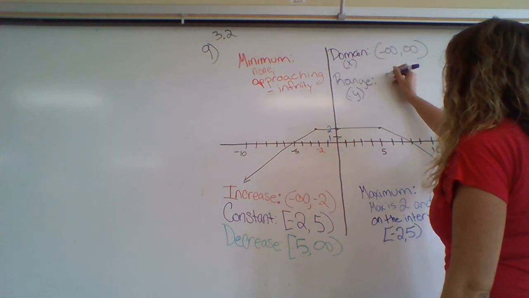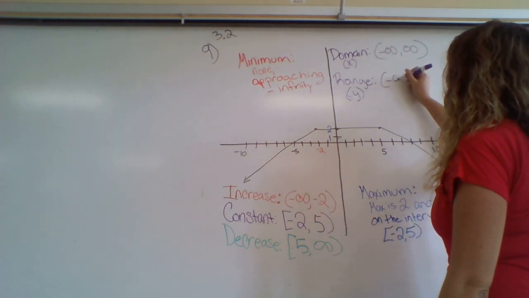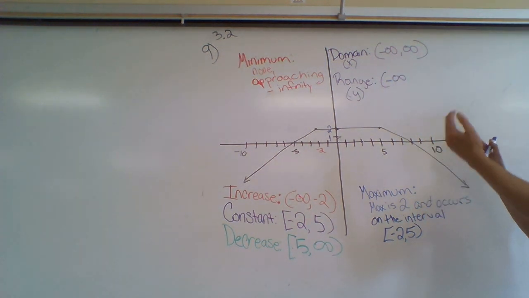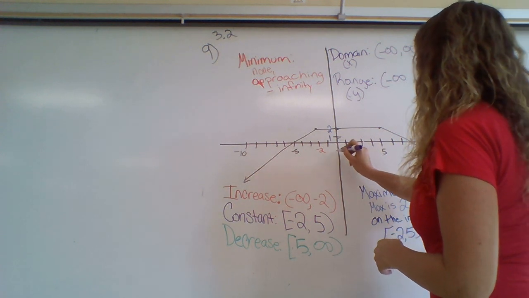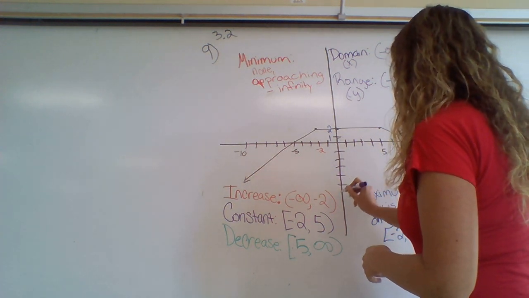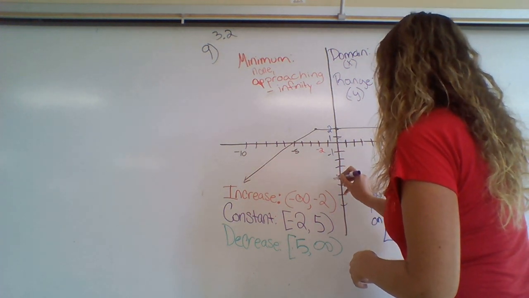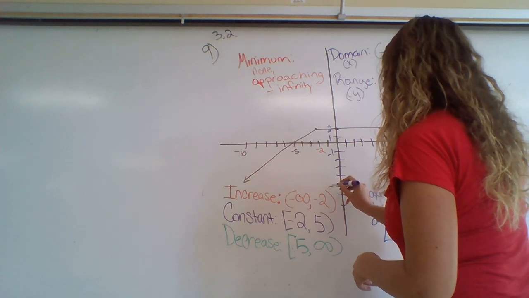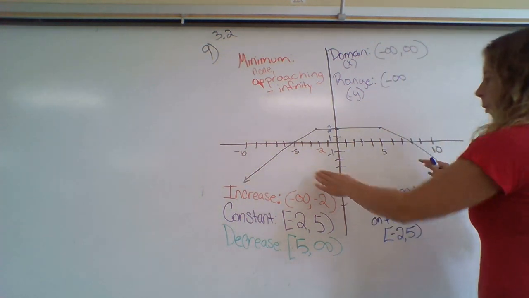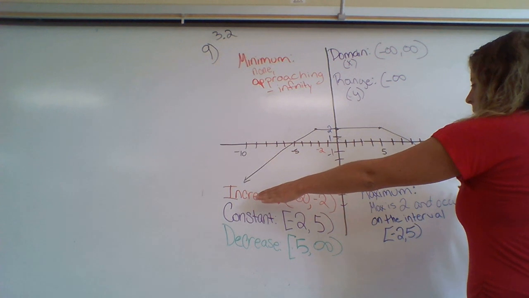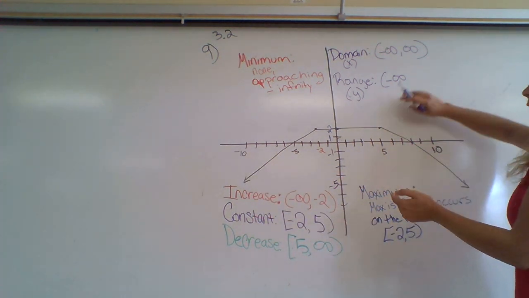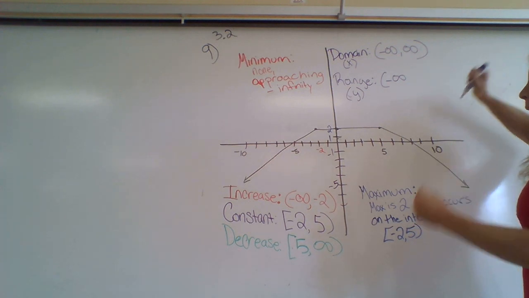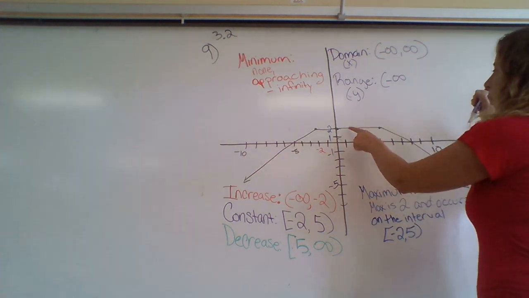All right, so it's negative infinity, but my graph is not going forever up, right? So this is my negative y values. Negative 1, 2, 3, 4, 5, negative 5, so on. So my graph is going to continue going down, down, down into the negative y's, but it's not going up forever this way. My highest y value is 2.